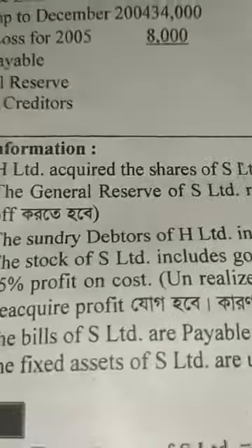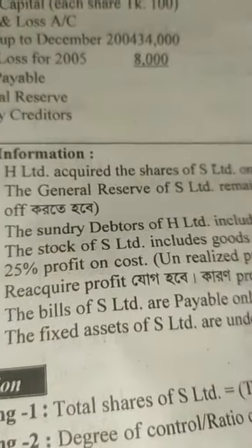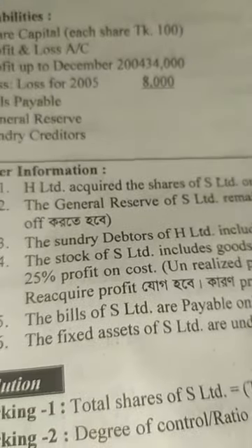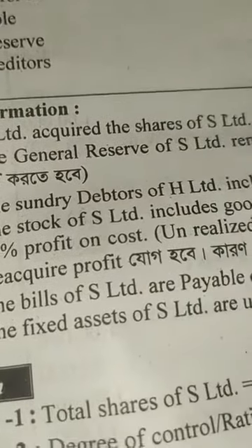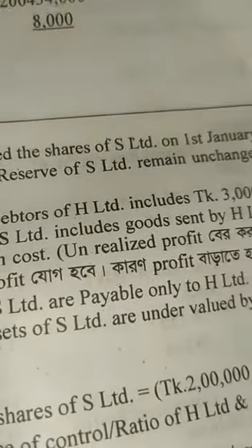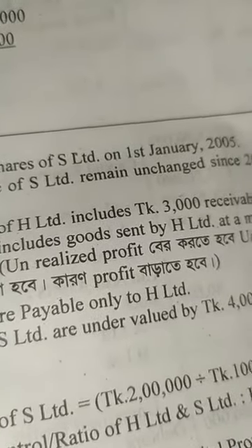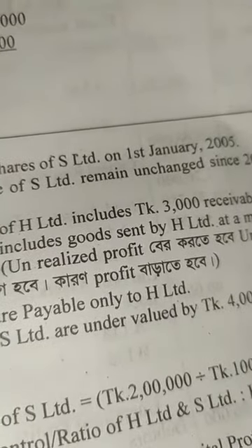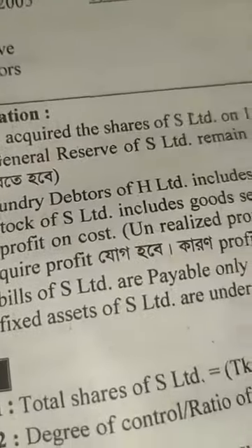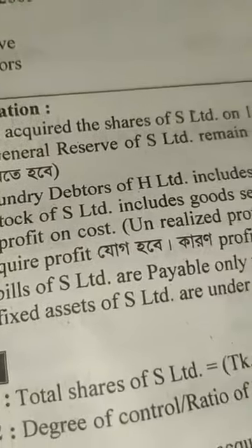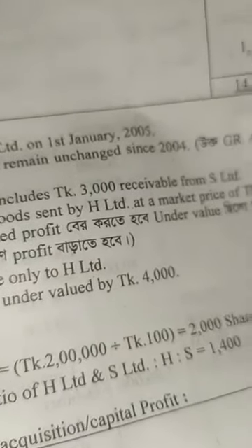Dear students, now the adjustments. H Limited acquired the shares of S Limited on 1st January, that means the acquiring date is the beginning of the year. The general reserve of S Limited remained unchanged since 2004.